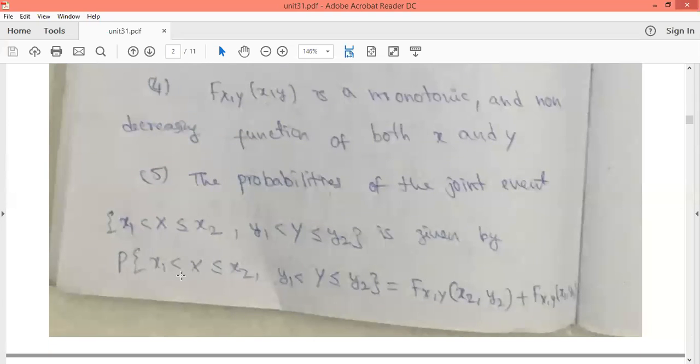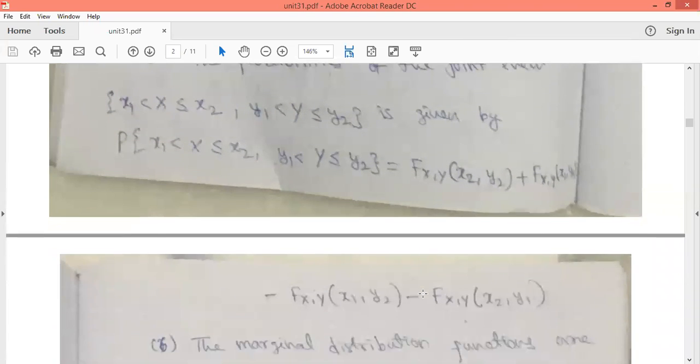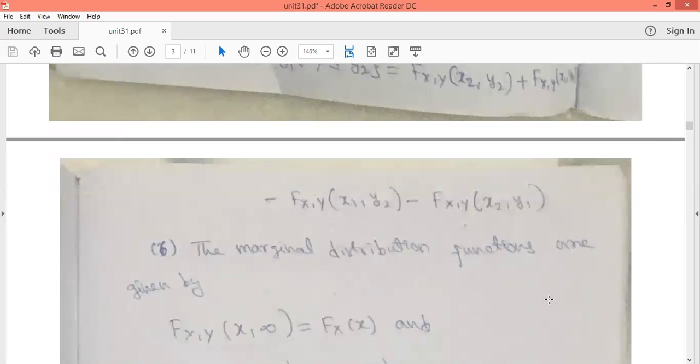The probability of x1 < x ≤ x2, y1 < y ≤ y2 is given as the joint probability distribution function F_XY(x2, y2) plus F_XY(x1, y1) minus F_XY(x1, y2) minus F_XY(x2, y1). So this is our fifth property.